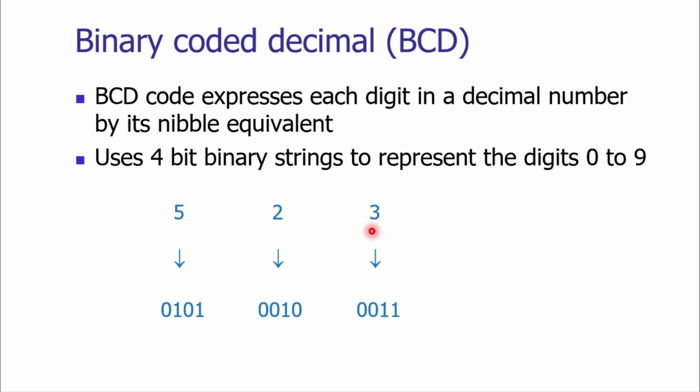The last digit, 3, will be represented in its binary format. The binary representation of 3 is 0011. 2 has the binary representation 0010, and 5 has the binary representation 0101.